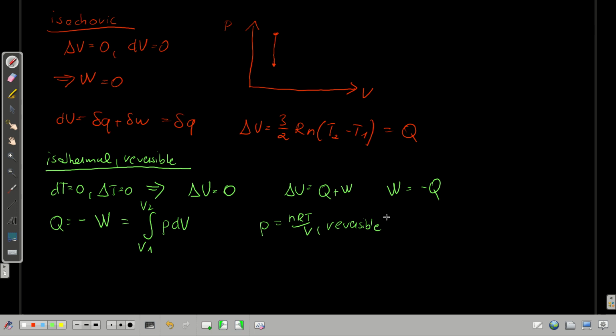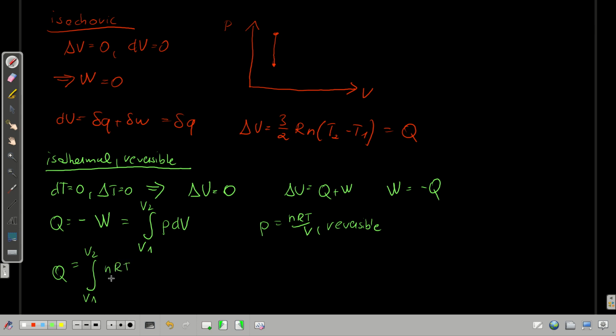This is pretty much a repetition of the process from the first slide, only with a bit more explanation about how to calculate Q and W. However, now we can write an expression for Q. Let's write it down again. Explicitly, it is the integral between V1 and V2, so the change in volume.